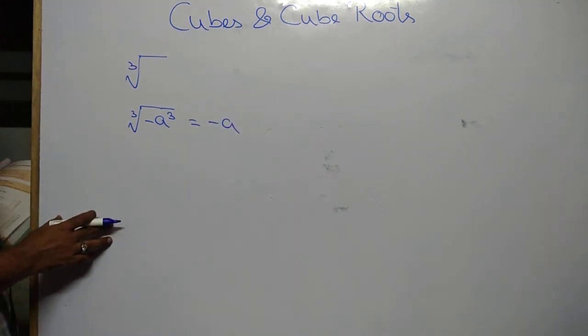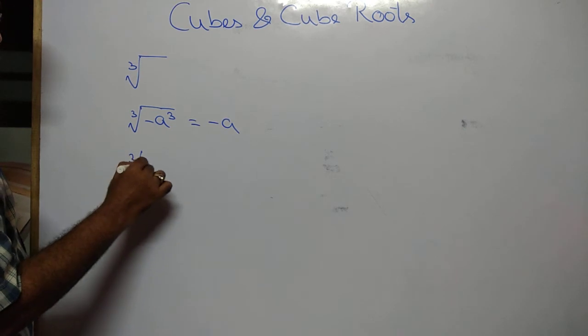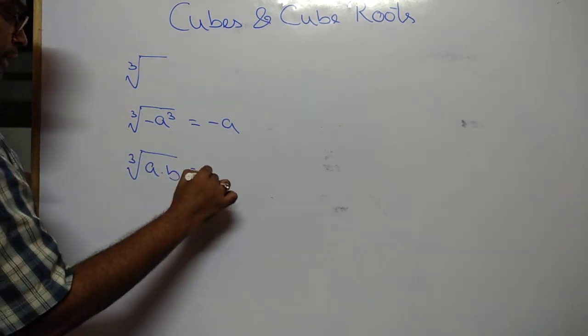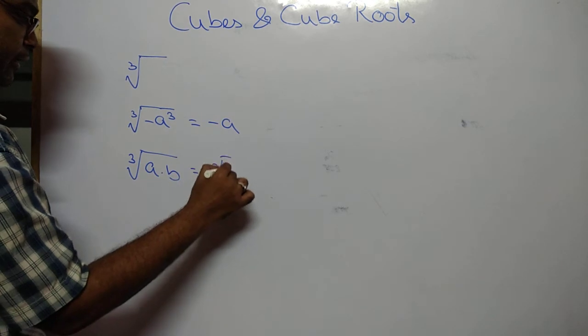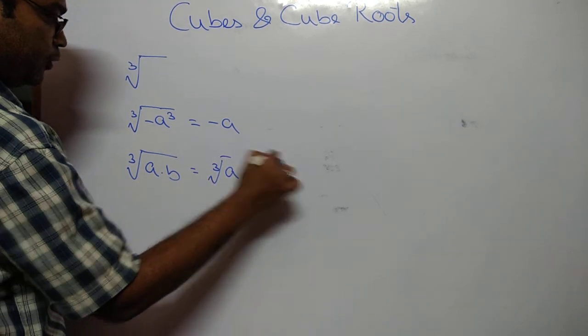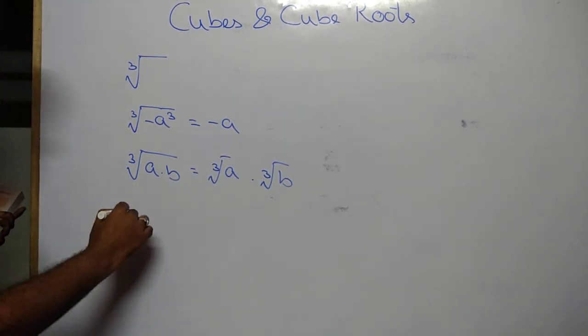Remember this thing. And if we have a multiplied number a into b, we can separate this as cube root of a into cube root of b. Hope this one is clear to you. The same thing holds for division.